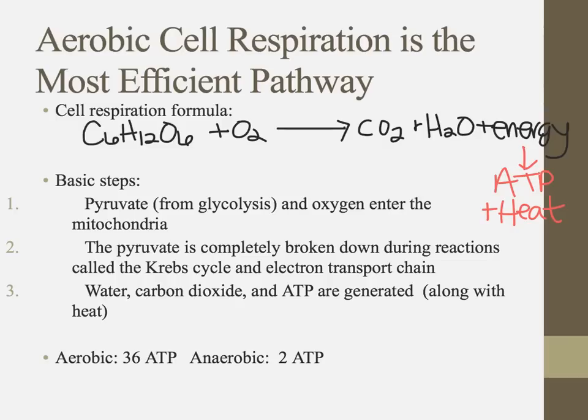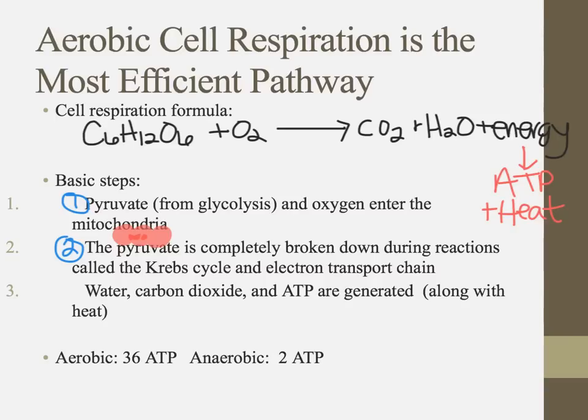Okay, so here are my basic steps. First, pyruvate, which we got from glycolysis, and oxygen are going to enter the mitochondria. Again, nothing can happen in the mitochondria without oxygen. The pyruvate, that 3-carbon molecule, is going to get completely broken down in reactions called the Krebs cycle and the electron transport chain.